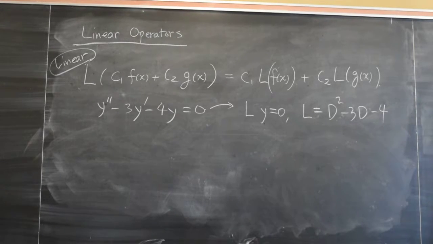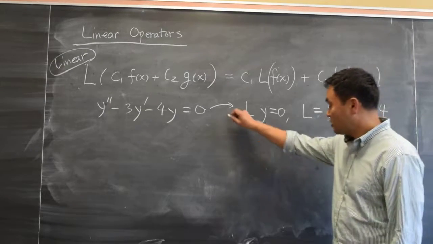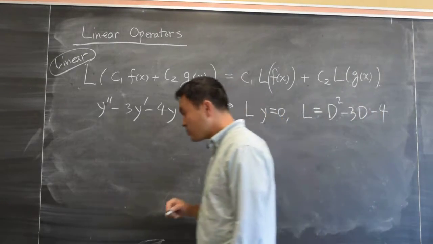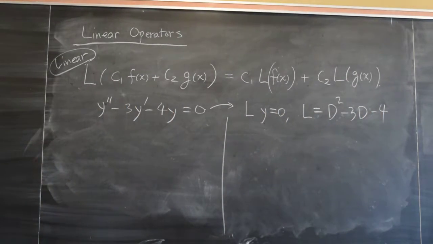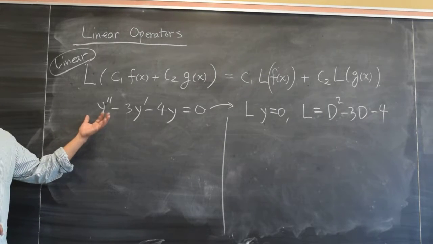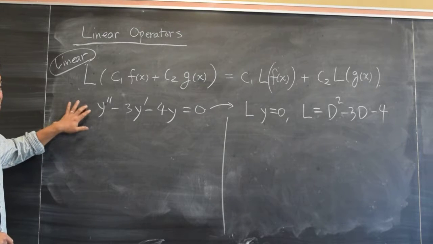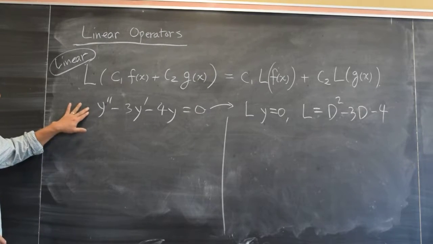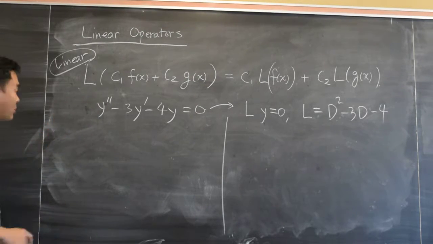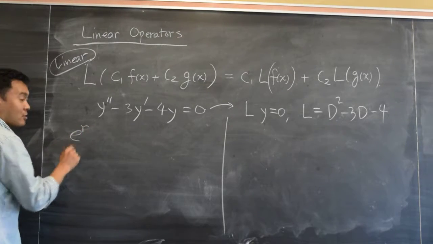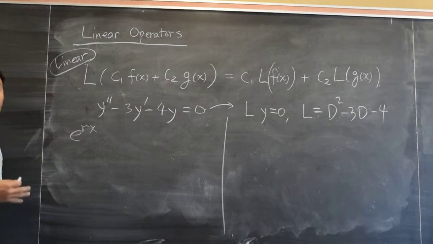Now, why is that important? Well, here's why it's important. I can just make guesses and come up with solutions of this. I probably told you before, but for these types of equations, we can always take e to the rx as one of the solutions.